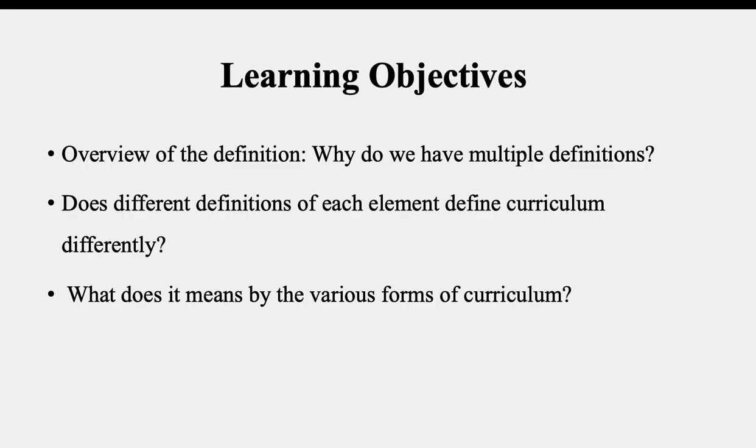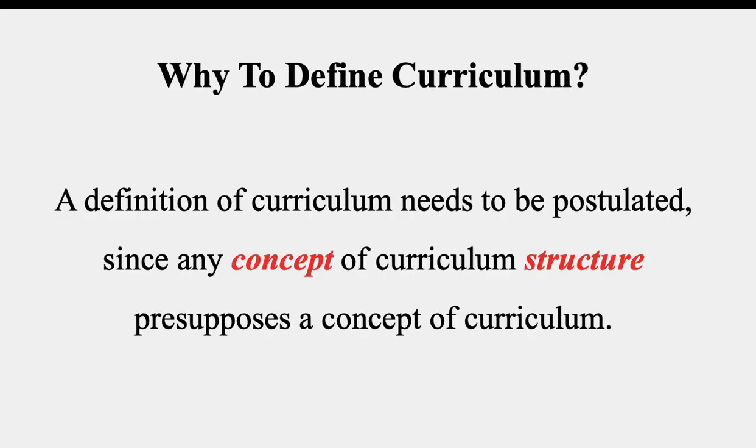We will see it. The last learning objective is, what does it mean by the various forms of curriculum? So let's begin with the first learning objective, and that is the definition of curriculum.